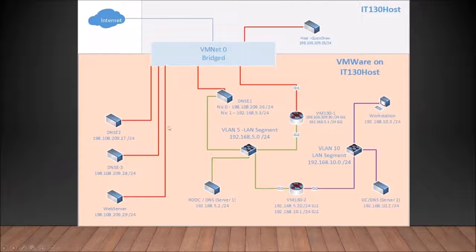Going out into the red zone here is what is considered the DMZ zone. And this holds all the servers that would have direct access to the internet, or where clients on the internet would access our services. Here we have 3 DNS external servers. And that's to provide redundancy in case one of these goes down.